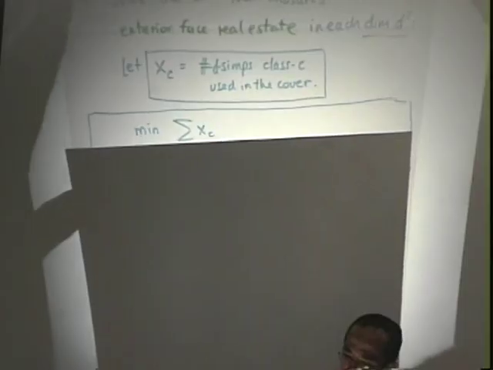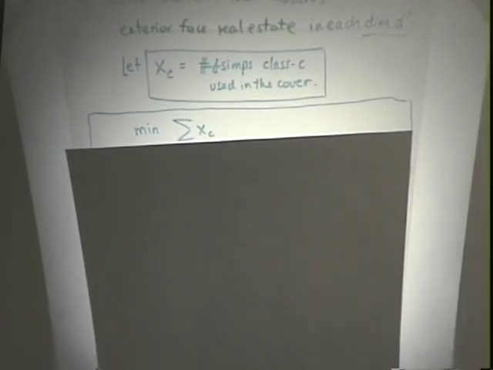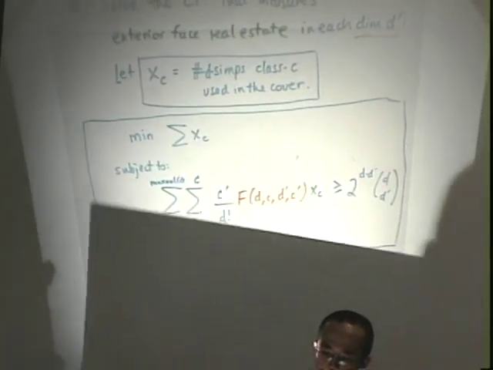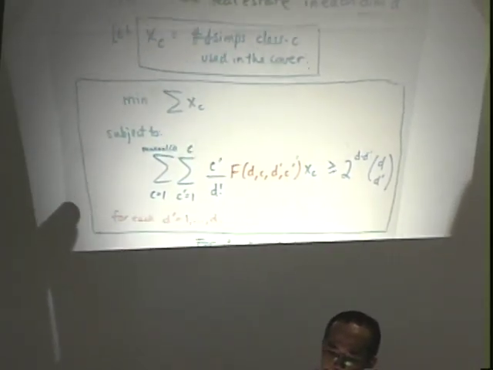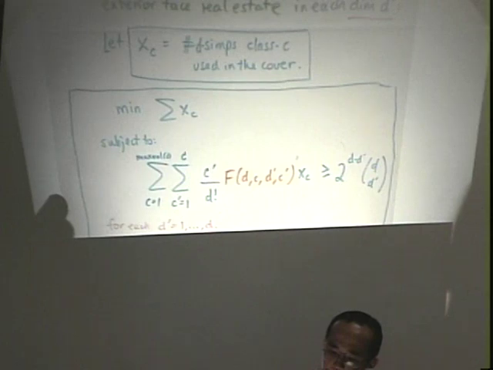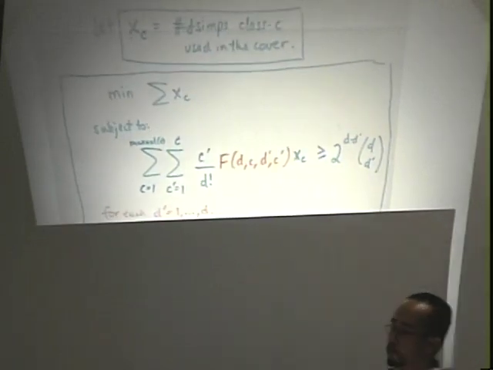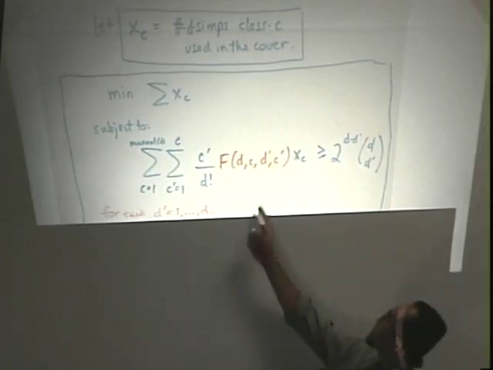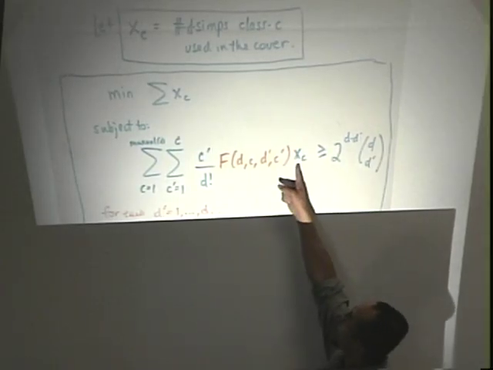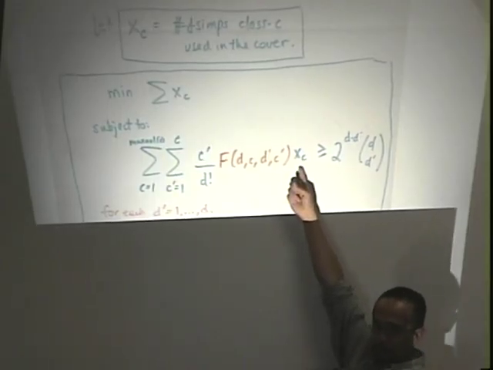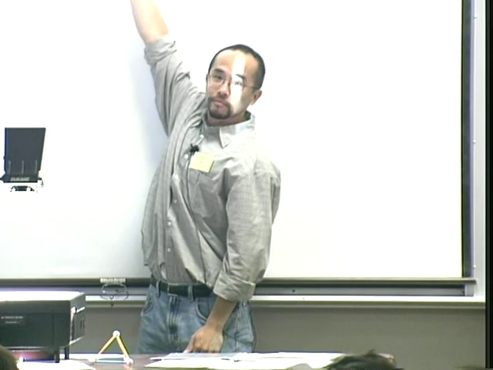Oh, okay. Well, then what are the constraints? So this is beginning to look like a linear programming problem. That is, it is a minimization problem that has some linear constraints. And the linear constraints actually just count the exterior face real estate in dimension D, D prime. So let's see. What am I doing? This is the number of simplices of a certain volume, okay?